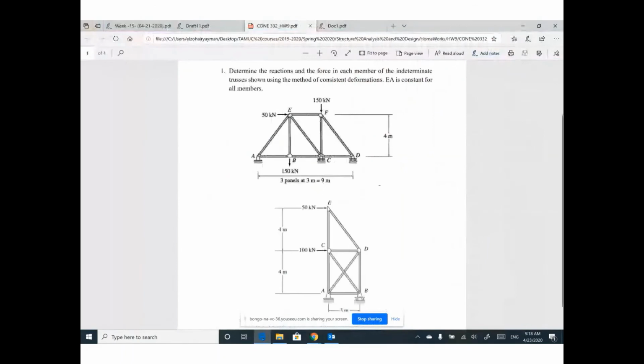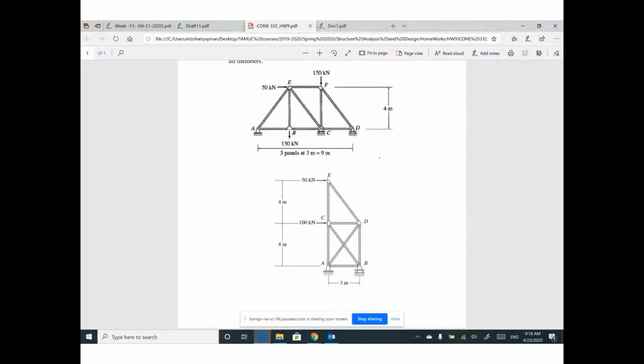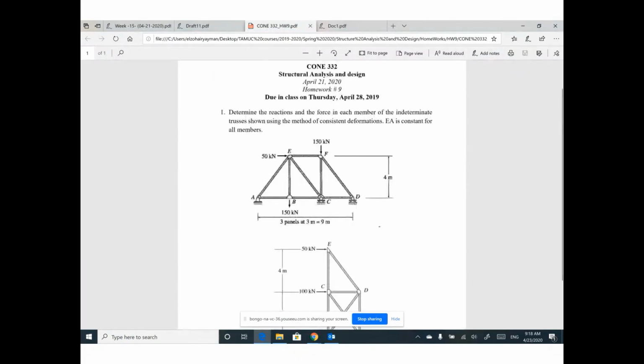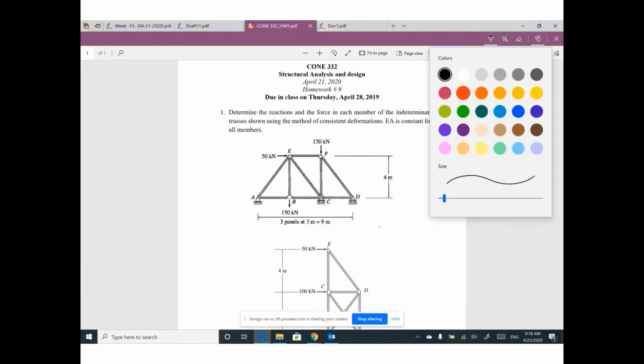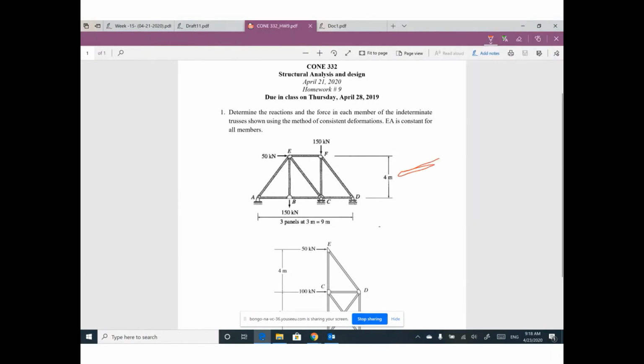We have 2 problems in your homework, the same sequence. Let's try to figure out the first one. What do you think? You should have more experience right now. So I can say, hey, this truss is externally indeterminate. Why? You said it externally without any calculation.